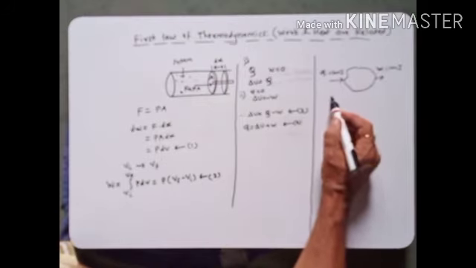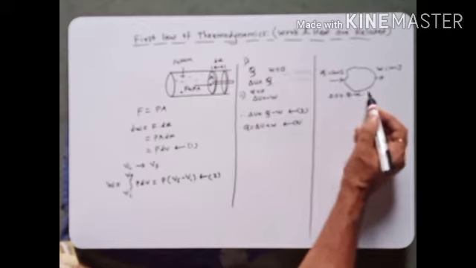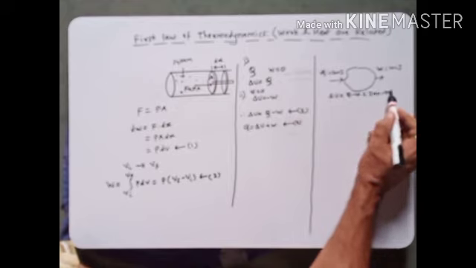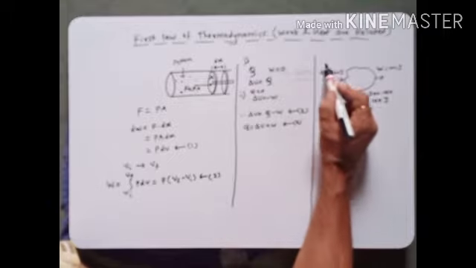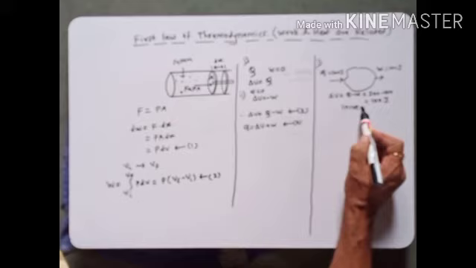Then delta U is equal to Q minus W, which means 200 minus 100, that means 100 joules. This is the change in internal energy. It is an increase in internal energy.